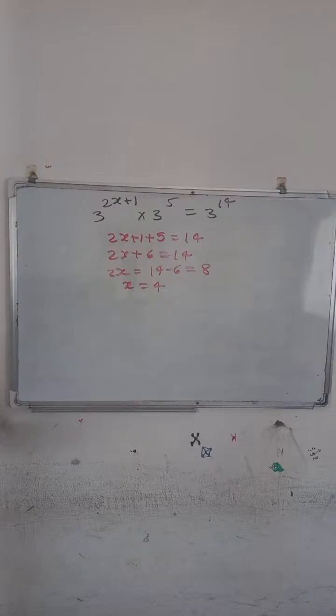Understood this? Everyone, how I did this? This is easy. X is equal to 4.